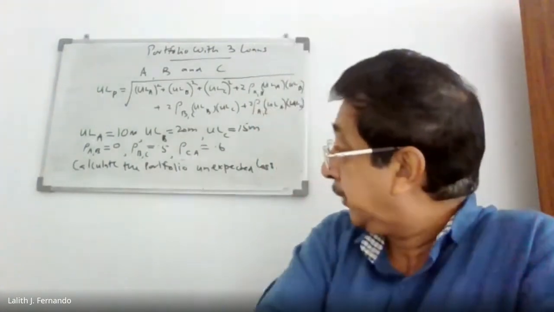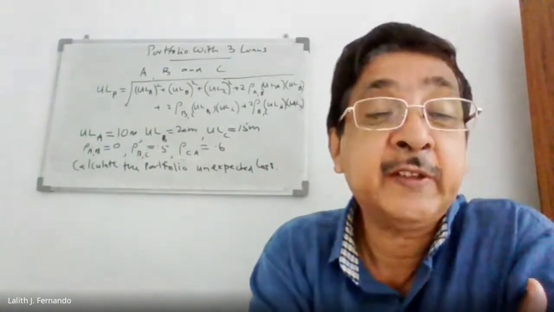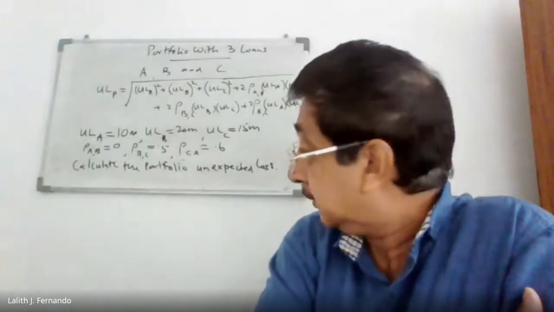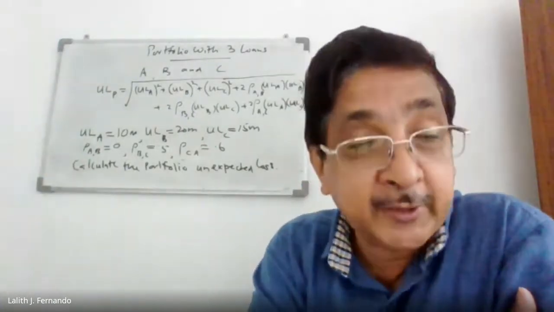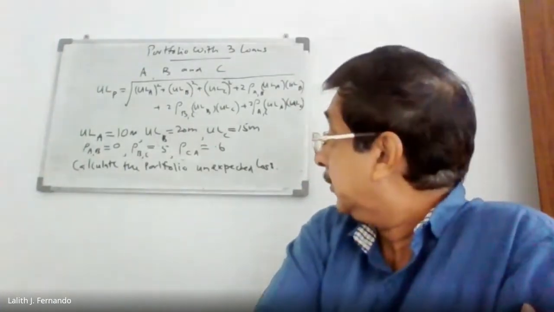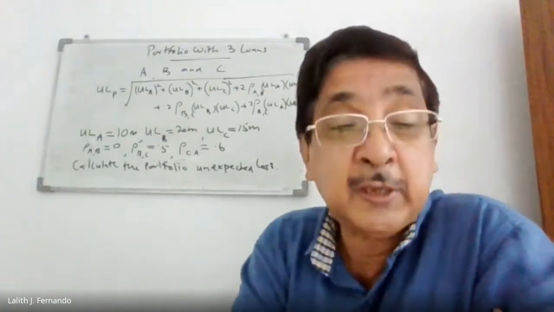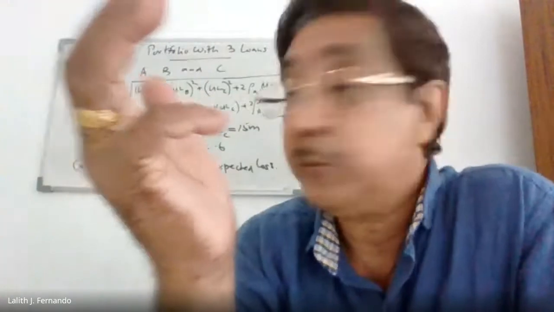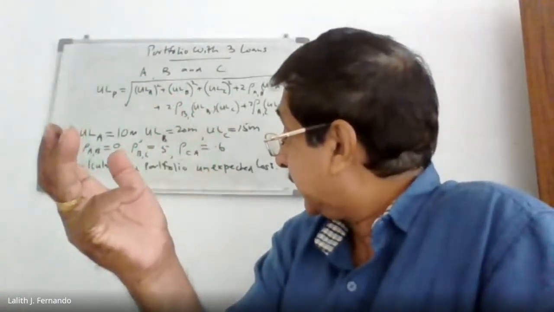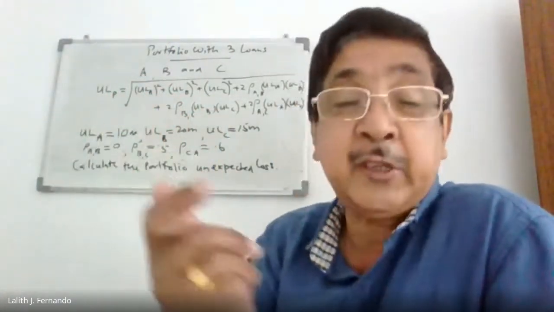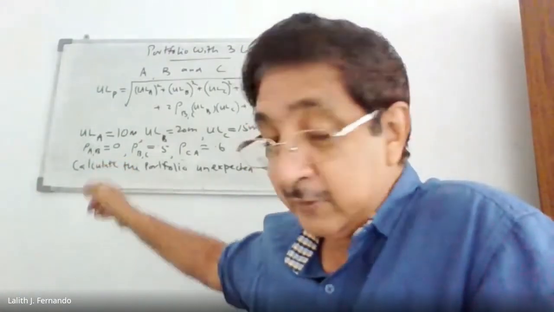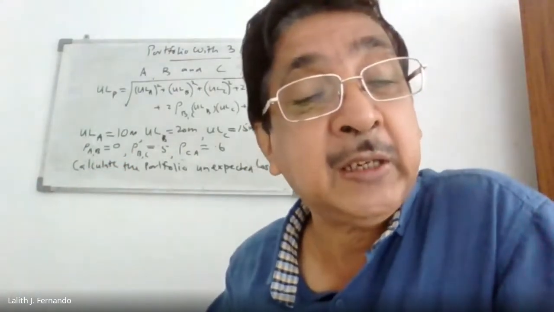The UL A squared is 10 squared, that is 100, plus UL B squared is 20 squared, that is 400, plus UL C squared is 15 squared, 225. Then you have 100 plus 400 plus 225 plus 2 rho AB. Rho AB is 0, so that particular term doesn't come.